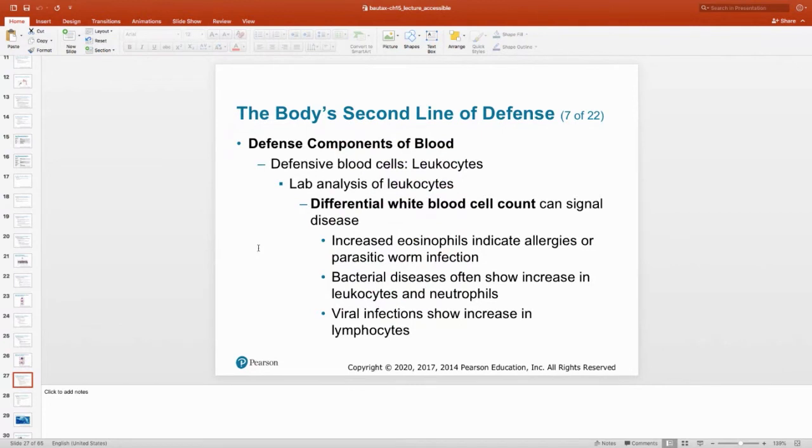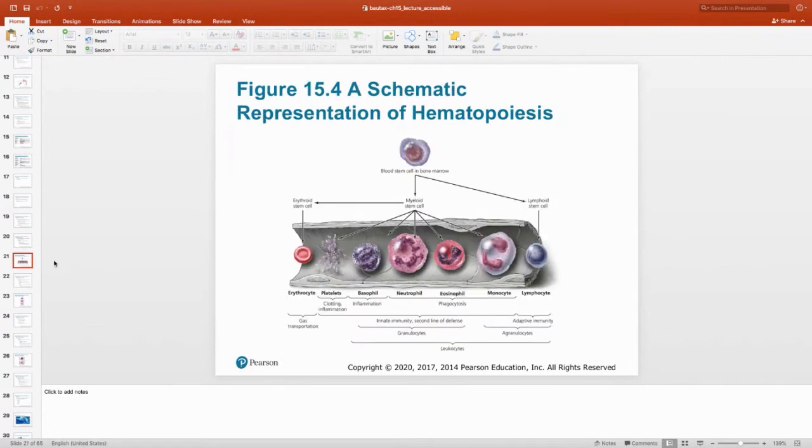Clinically, looking at something called a differential white blood cell count can signal a type of disease. For example, an increase in eosinophils is going to indicate either allergies or a parasitic worm infection.